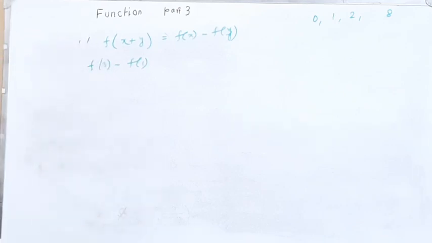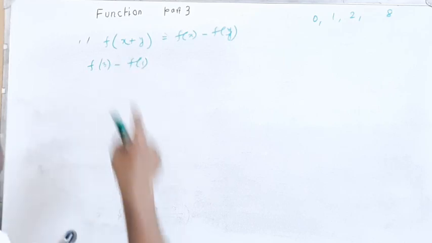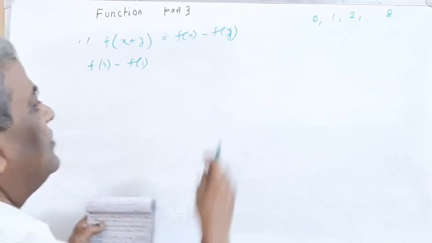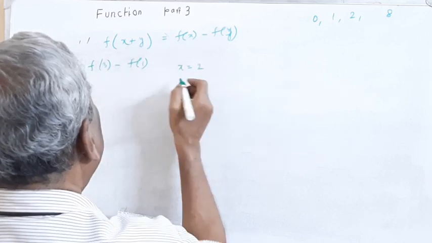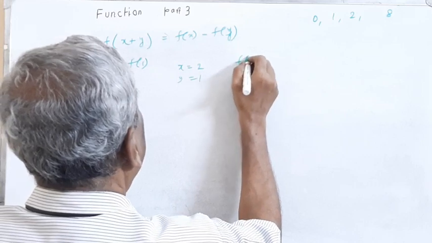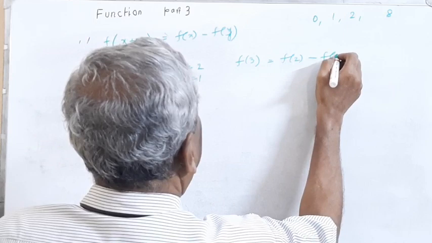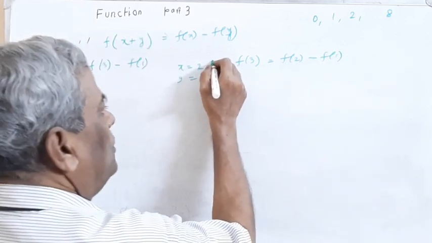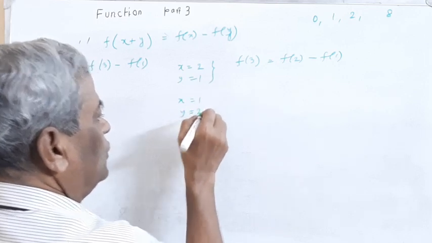So we have to find out the values of f(3) and f(1) from this identity. Now putting x is equal to 2 and y is equal to 1, we get f(3) is equal to f(2) minus f(1). Next, put x is equal to 1, y is equal to 2.